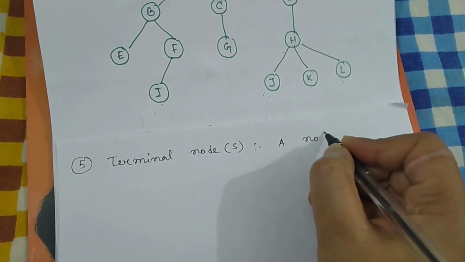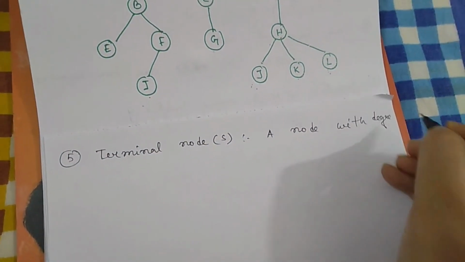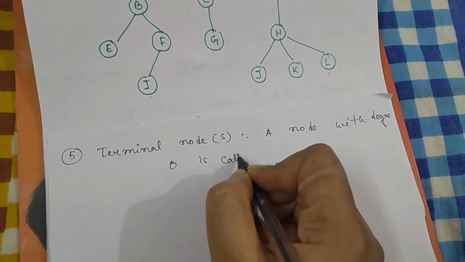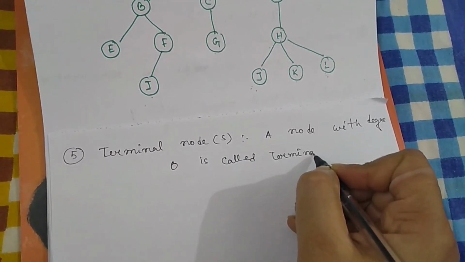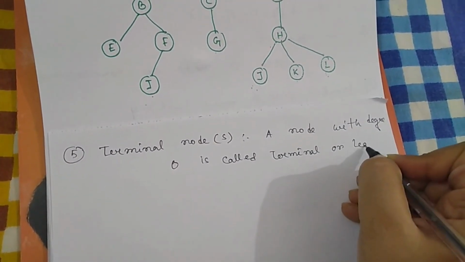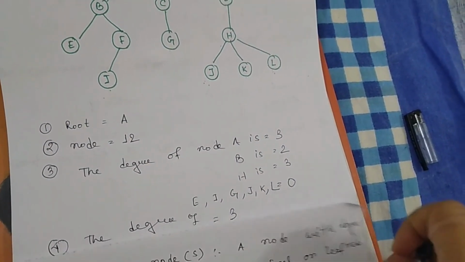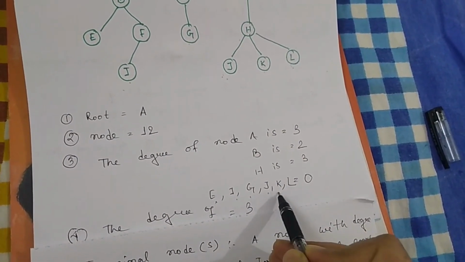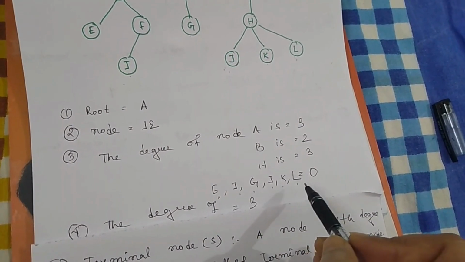Previously, E, I, G, J, K and L, those nodes have degree 0.